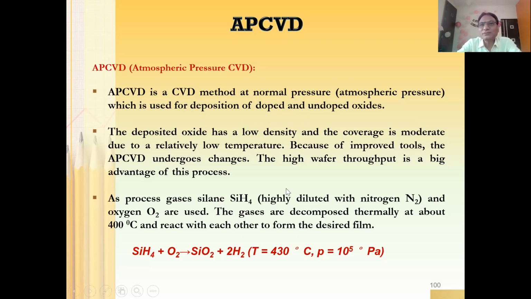Whatever gases you use in the vapor stage, these precursor gases are decomposed thermally at about 400 degrees Celsius, approximate as far as APCVD is concerned, and react with each other to form the desired film. This is the typical reaction in the case of silane: silane plus O2, as a result of which SiO2 is deposited on the substrate with liberation of two hydrogen molecules, right?